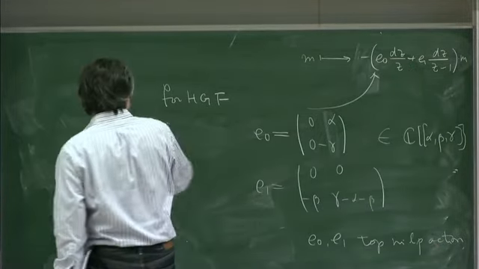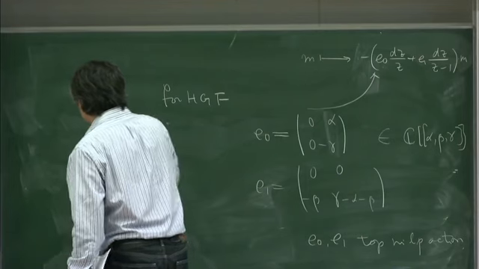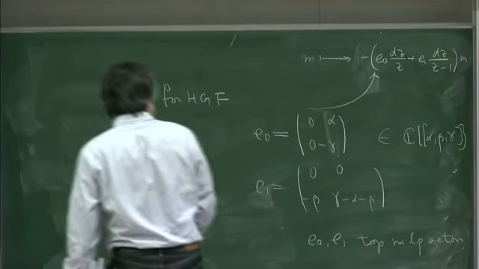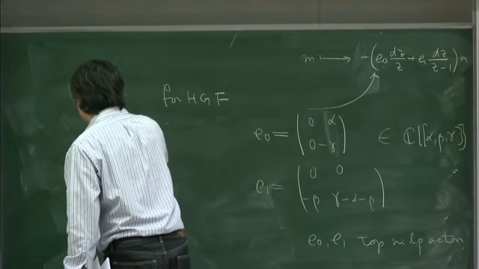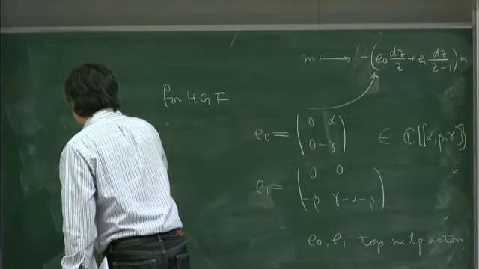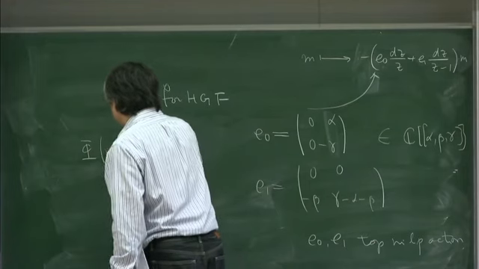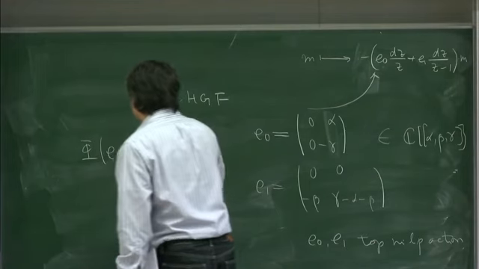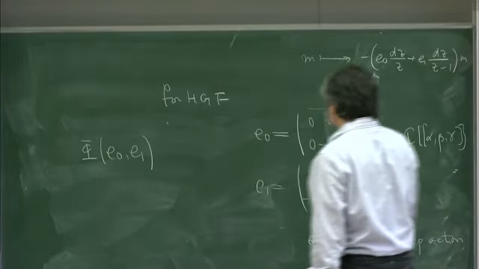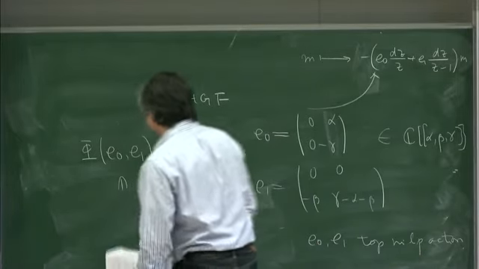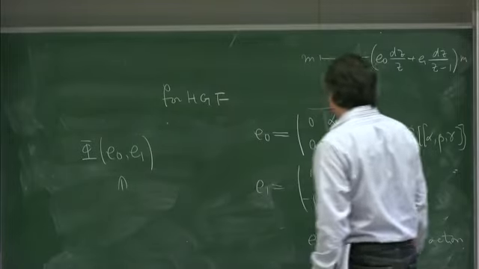That means if you consider this, then something like a given associator evaluated by E0, E1, then this becomes an element in 2 by 2. So E0 and E1 is a 2 by 2 matrix.